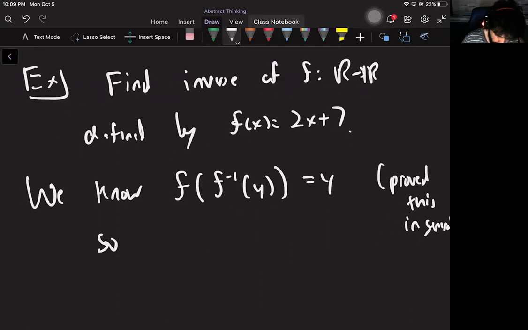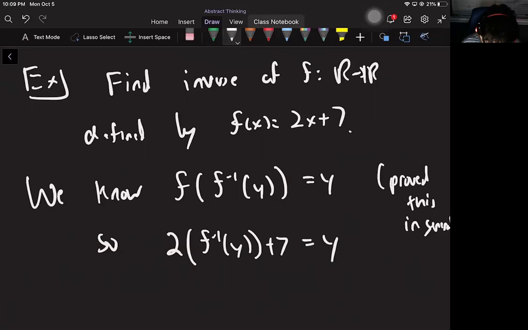So what's f of x? It's 2x plus 7, so I'll just plug this thing into that function. So 2 times f inverse of y plus 7 equals y.